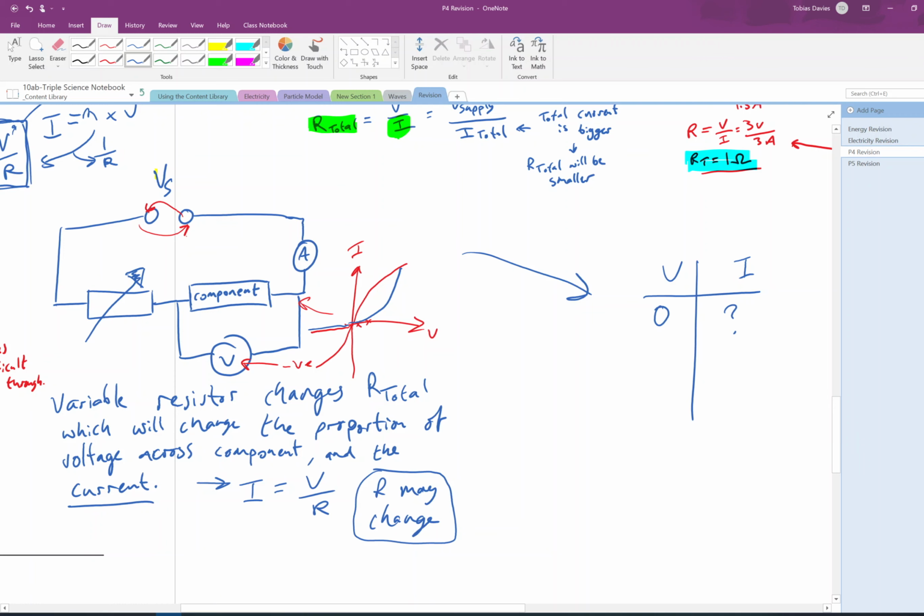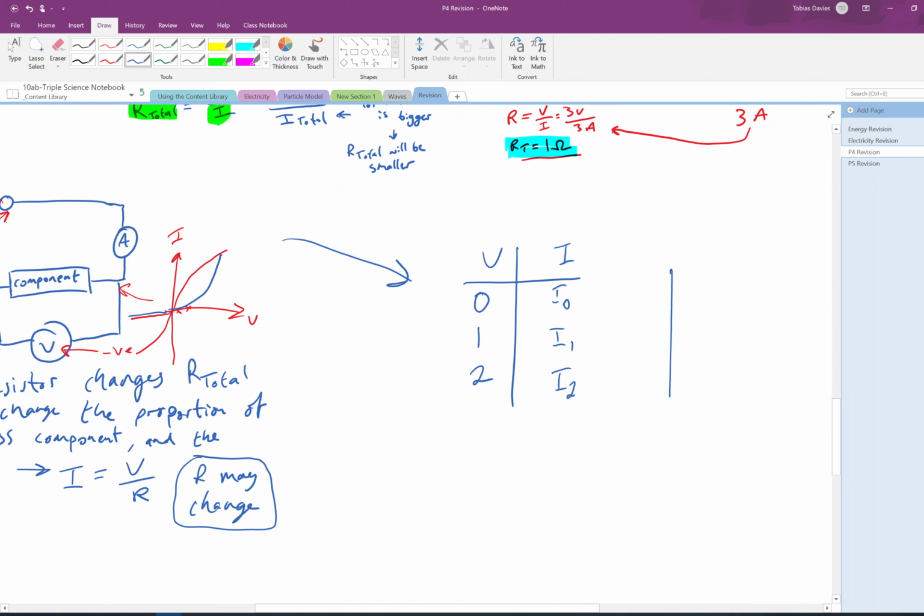Then you change the voltage by changing the resistance of the variable resistor, and you now get 1 volt, and you've now got another value for current. So we end up with the current at the voltage 0, current when the voltage is 1, current when the voltage is 2.